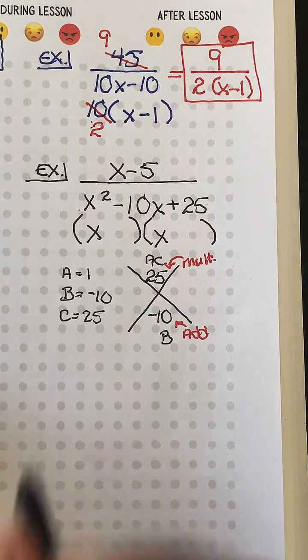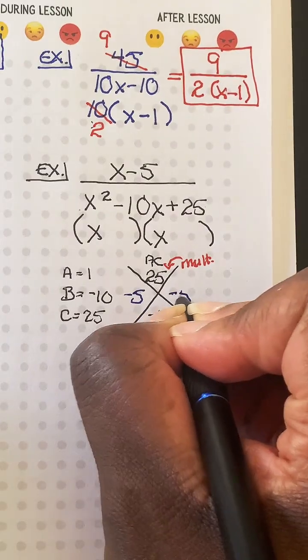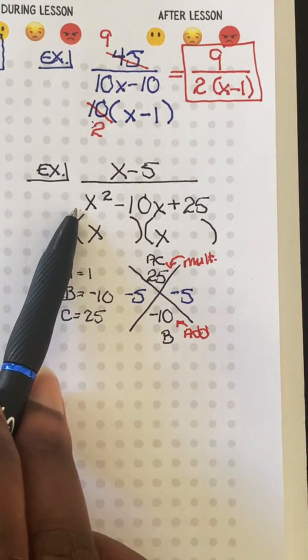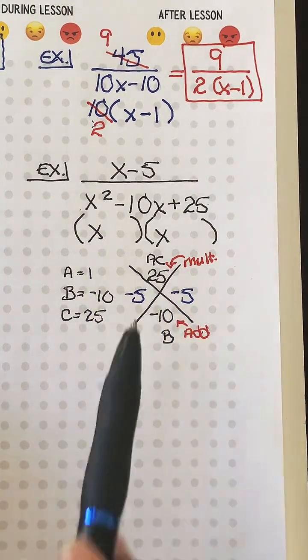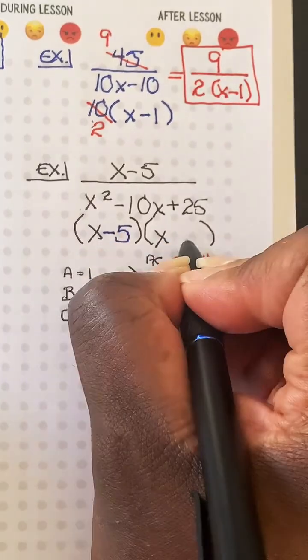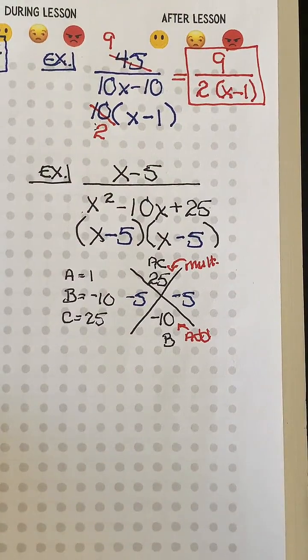So now we're going to put our -5 here and -5 here. Since we don't have to do anything with the leading coefficient, these two numbers will go right into our parentheses. What do you notice?